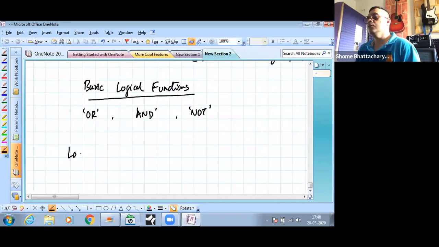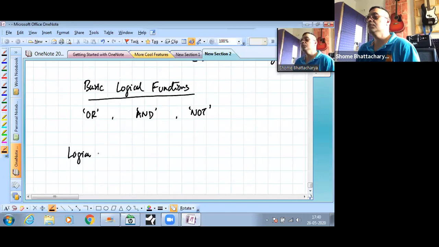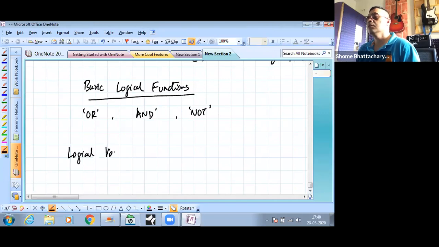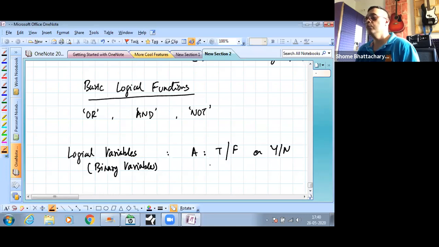So logical variables, or you can also call them binary variables, are variables which have two values. The values are either true or false, or you can say yes or no, or in binary algebra it becomes 1 or 0.